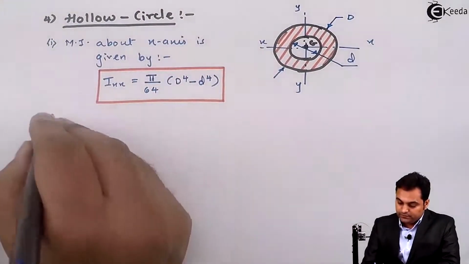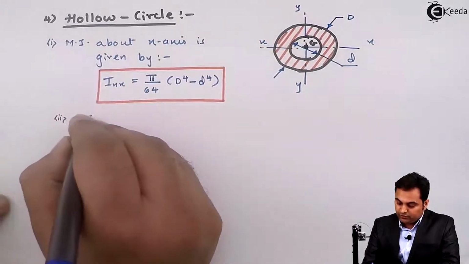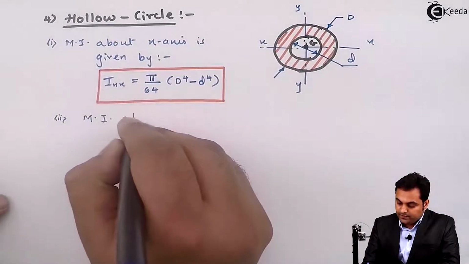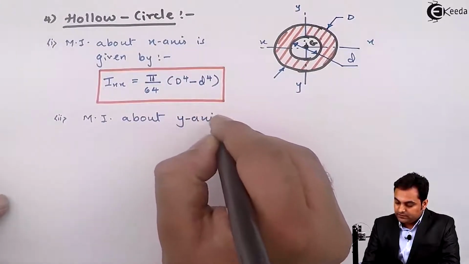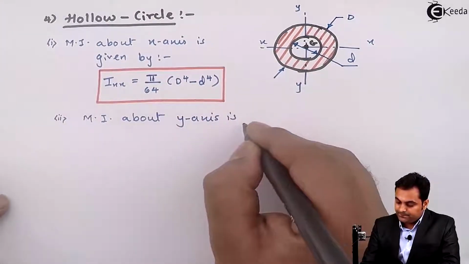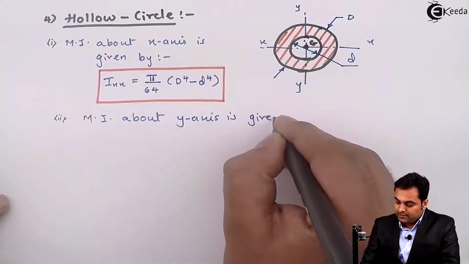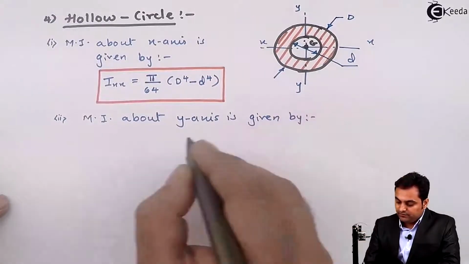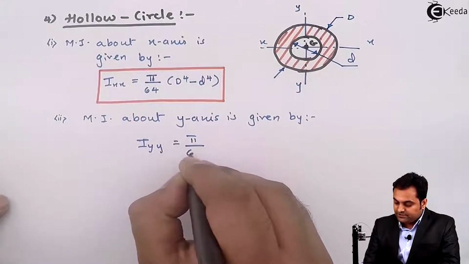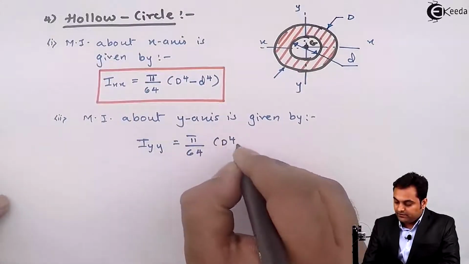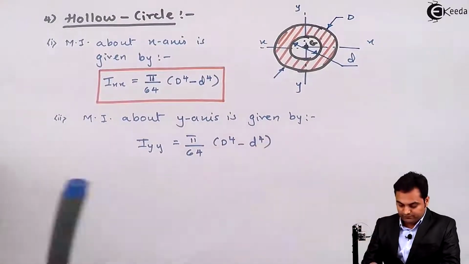Next, even for a hollow circle, the MI about y-axis will be the same as x-axis, and the formula is Iyy is equal to pi by 64 capital D raised to 4 minus small d raised to 4.